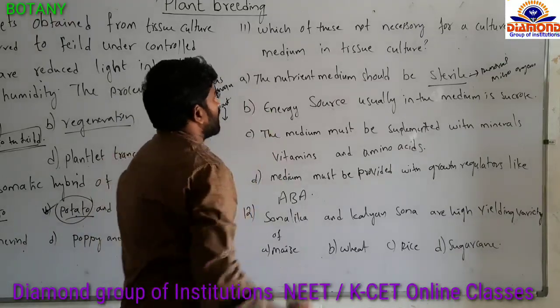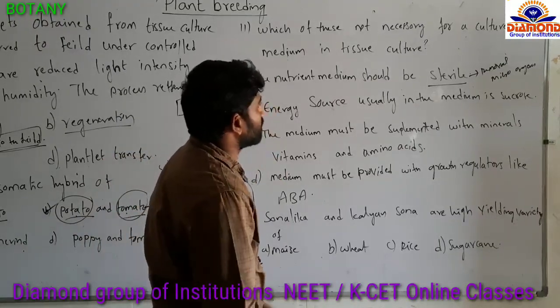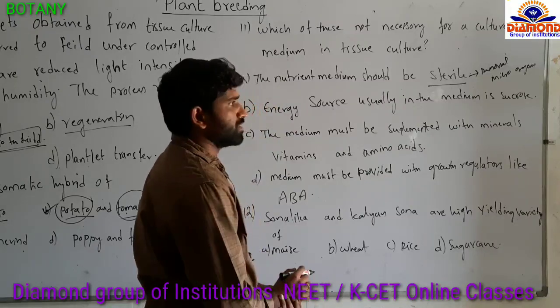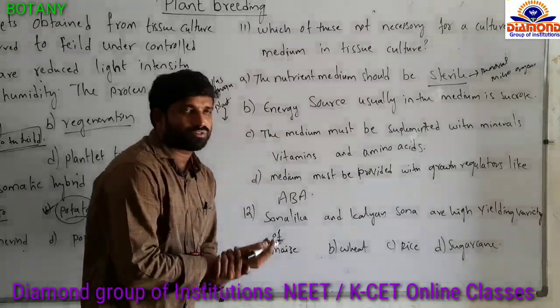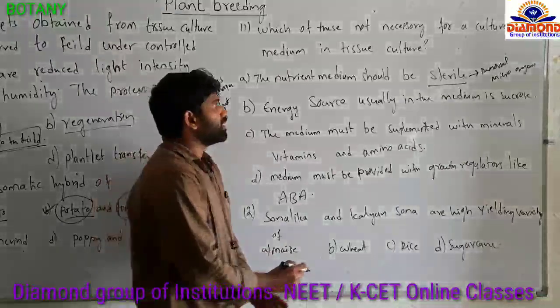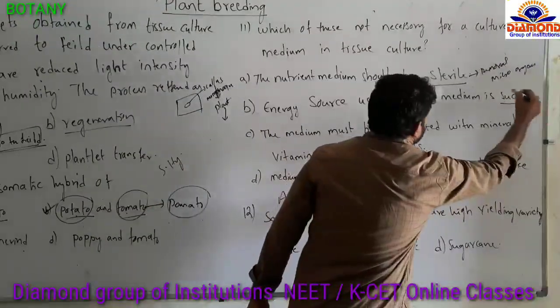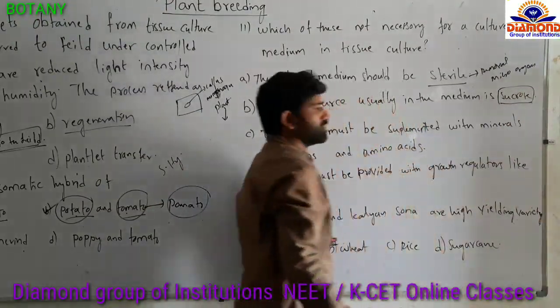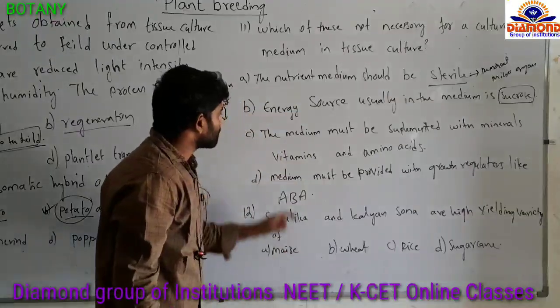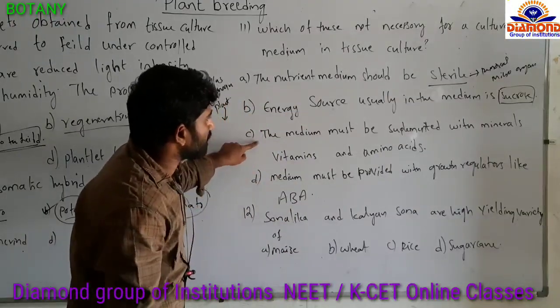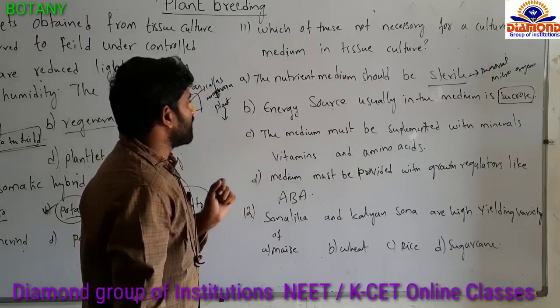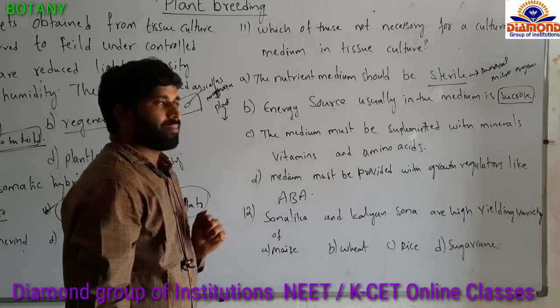And option B, the energy source usually in the medium is sucrose. In creating the nutrient media for tissue culture, the energy source is always in the form of sucrose only. And option C, the medium must be supplemented with minerals, vitamins and amino acids.